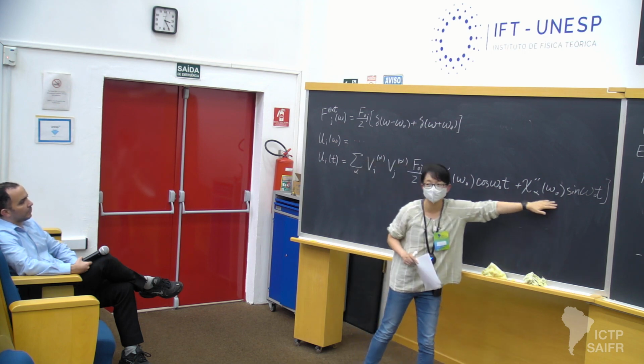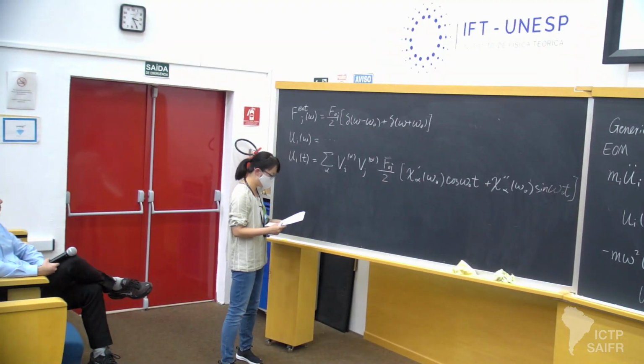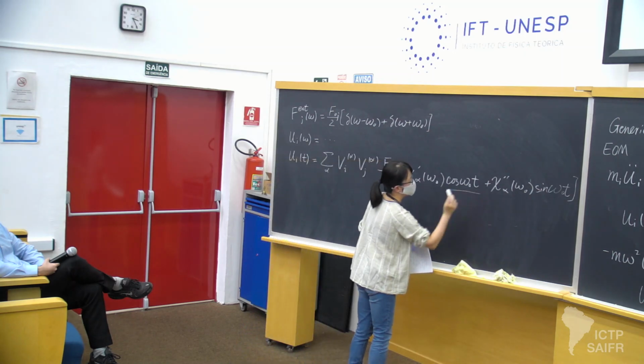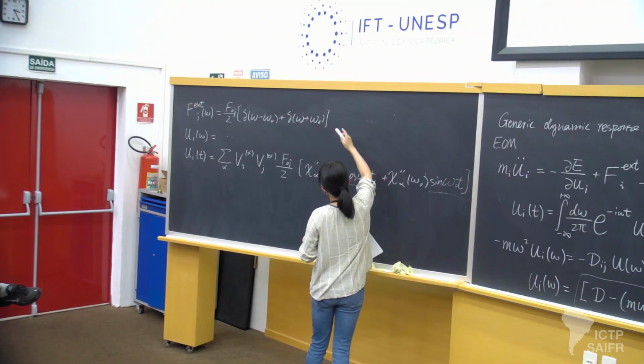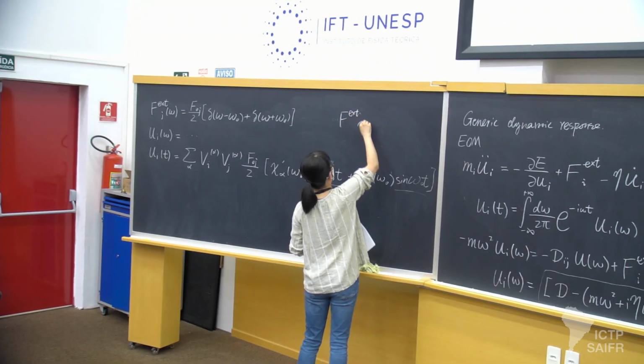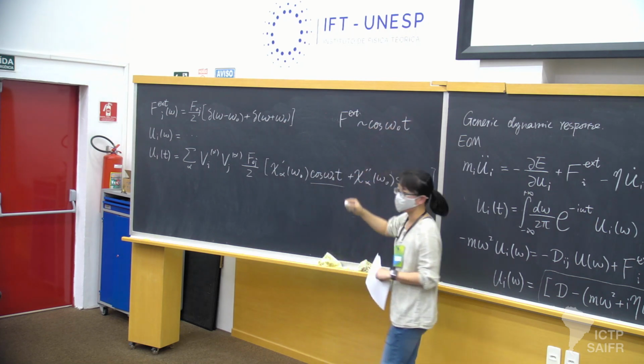The integral has terms survive like this. Okay? And then you can already see the external force, F external, is proportional to cosine omega naught t, right?